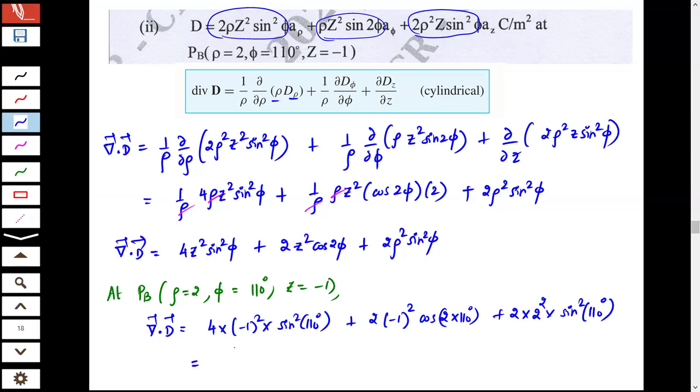We can find this value using calculator and get the answer of del dot D.